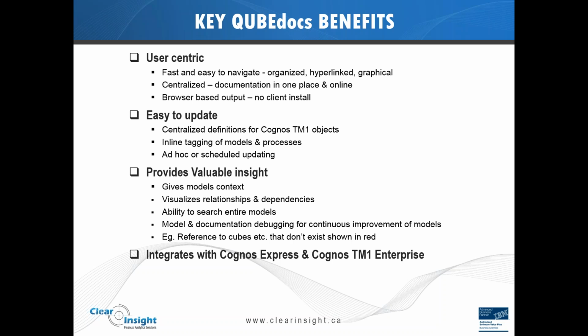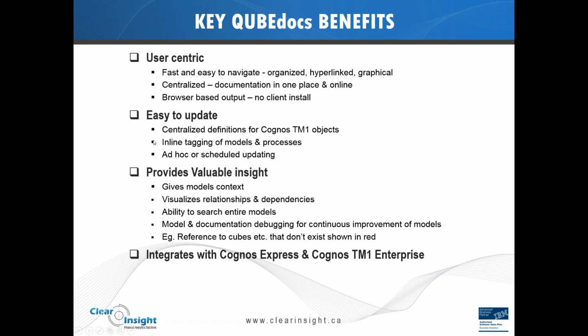This is a solution that runs against the underlying TM1 environment. So if you're using TM1 cubes in either Cognos Express, within the TM1 front end itself, within Cognos BI, whatever front end solution you're using, if you have TM1 on the back end, then QUBEdocs will work for you. So what does it provide?